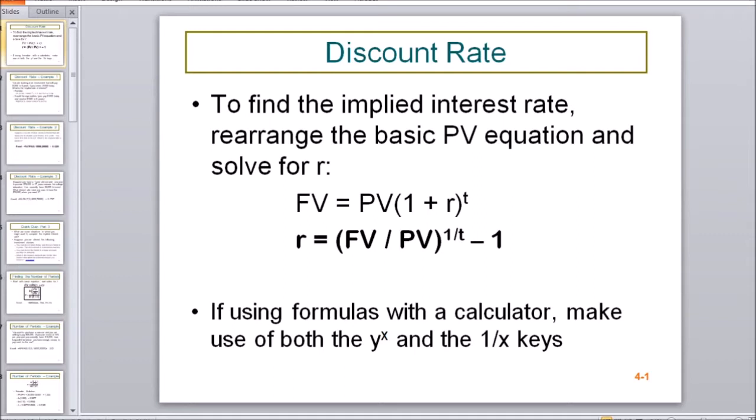And another topic for today is going to be time periods. So we're going to talk about discount rate and time periods as part of our discussion of time value of money. This class and the class from last week is all about time value of money.